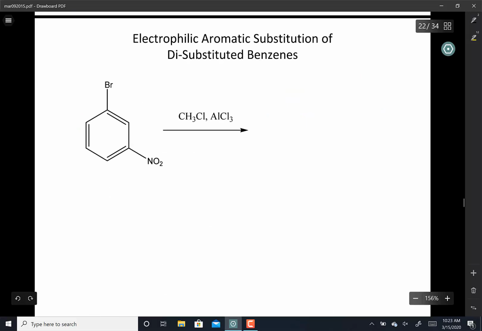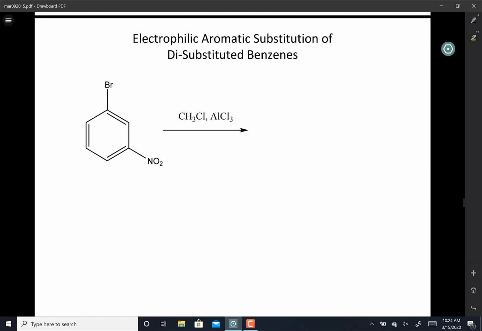Now, I did not last week give you one of the caveats for doing electrophilic aromatic substitution on a multiply substituted benzene ring. And here is the caveat. So, again, what I would ask you to do is stop the tape and then tell me what is my electrophile and what group on the ring is going to do the direction.